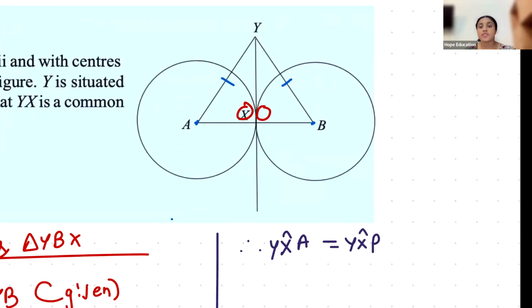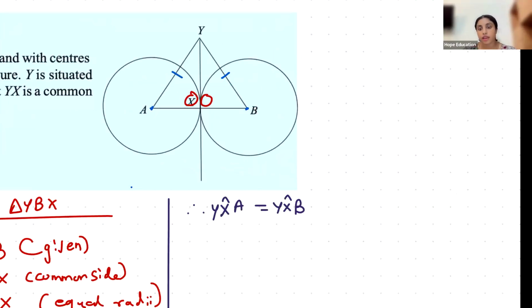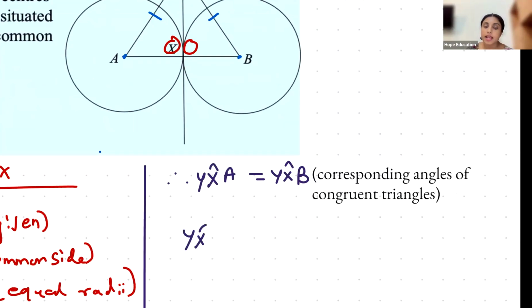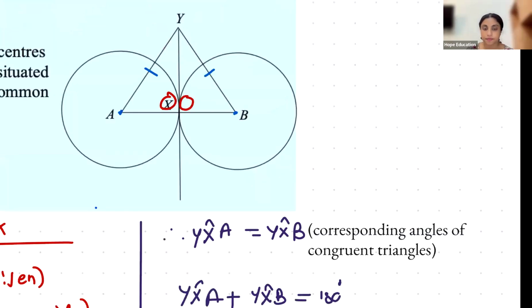Why? Corresponding angles of congruent triangles. And we also know at the same time, YXA plus YXB should be 180. Why do we say that? Because they are angles on a straight line.